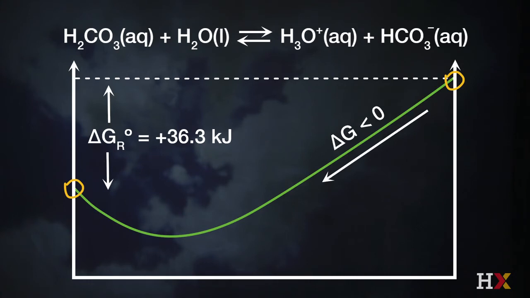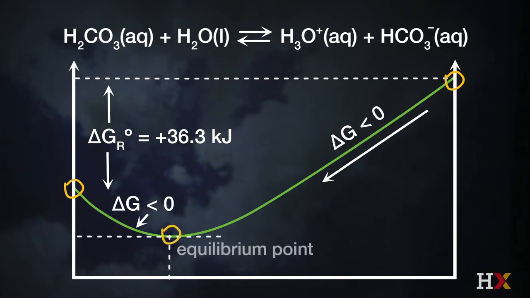But so too is delta G less than zero when we move from reactants to products until we reach the equilibrium point at which delta G is equal to 0. And that means that the reaction indeed goes forward, forming H3O+ and the bicarbonate anion until it reaches that equilibrium point, and then the forward and reverse reactions exactly balance.